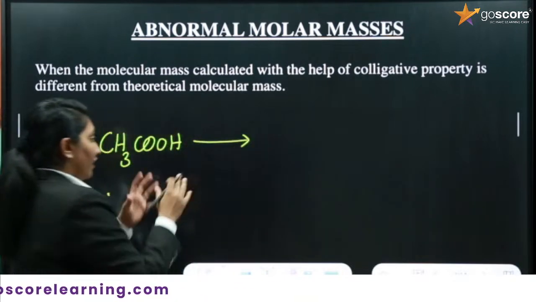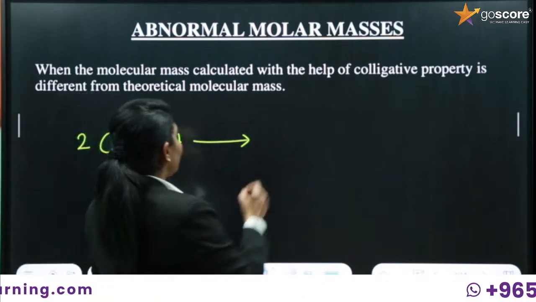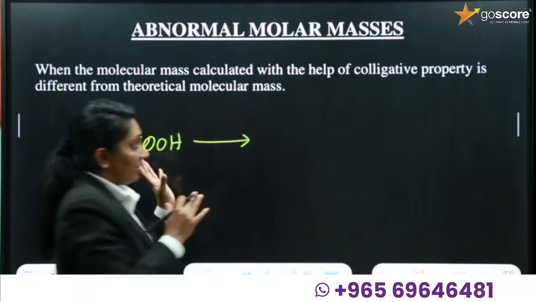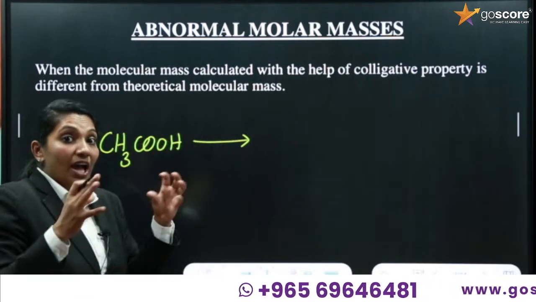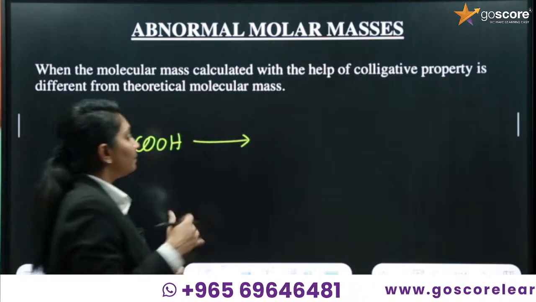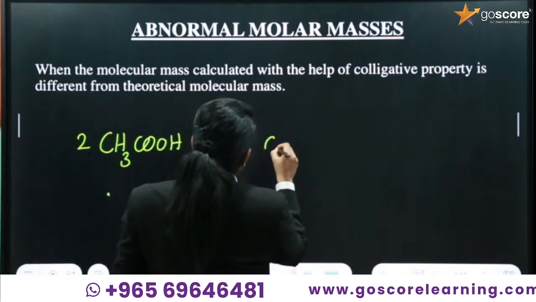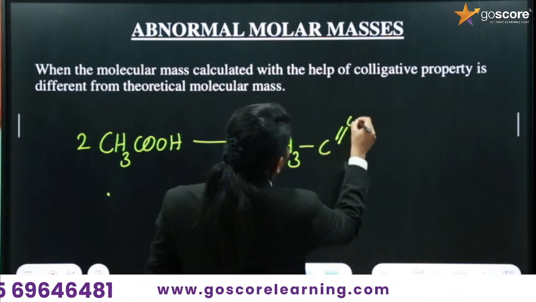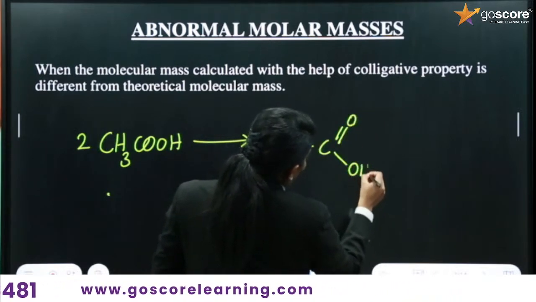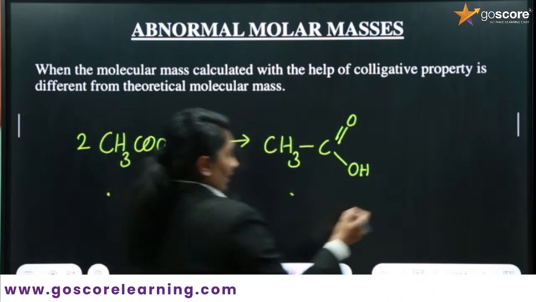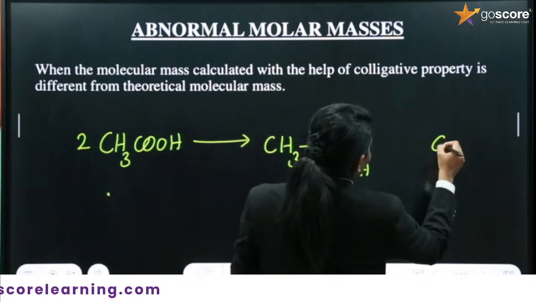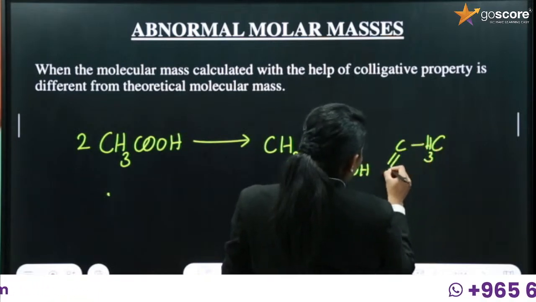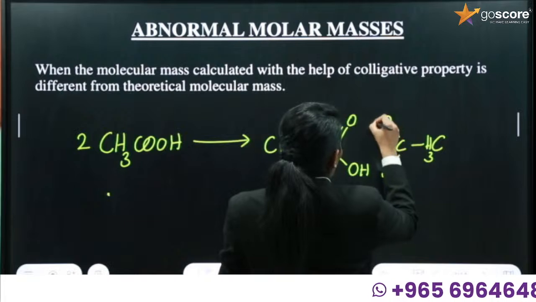If you are treating it in presence of benzene, what will happen is this acetic acid, let's imagine, it will undergo association, okay? See, this acetic acid is CH3, C double bond O, OH, right? That is the 1 mole of acetic acid. See the second one, CH3, C double bond O, OH.